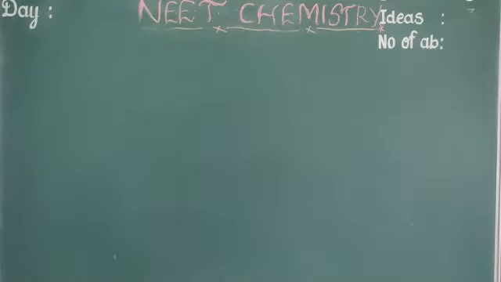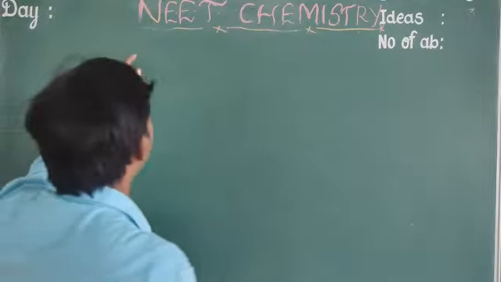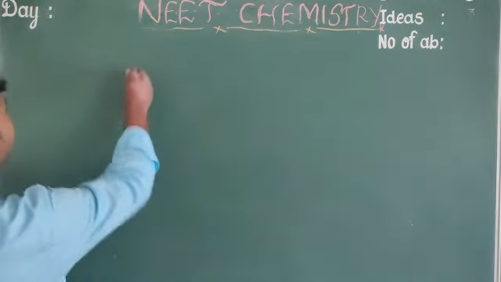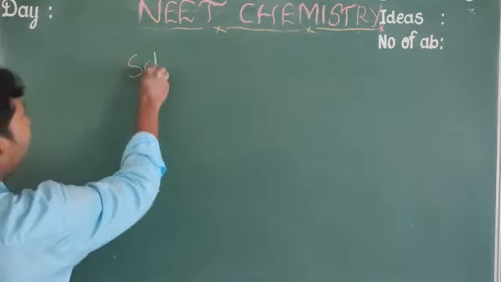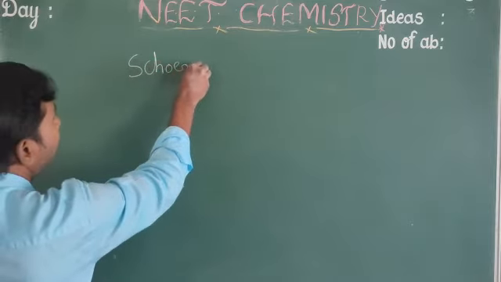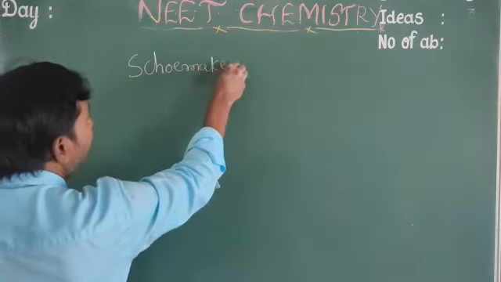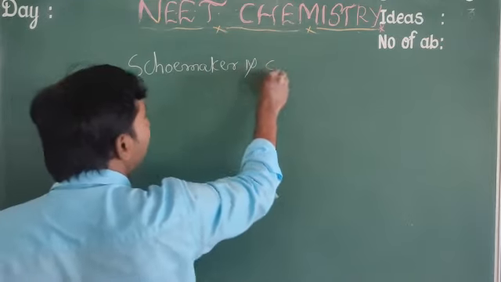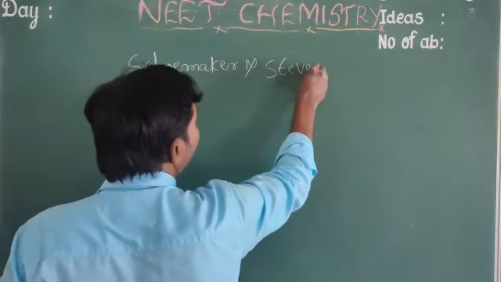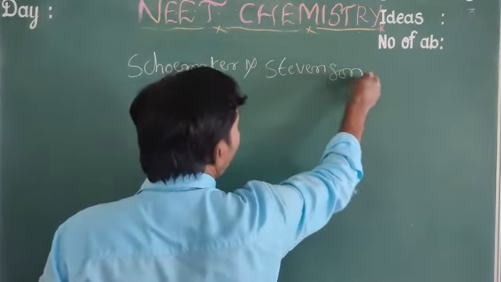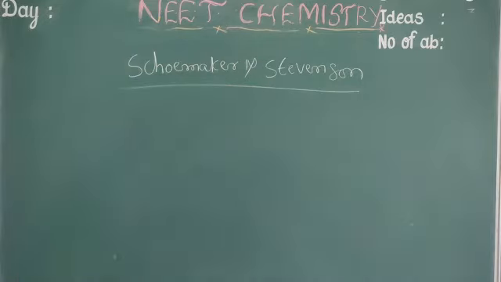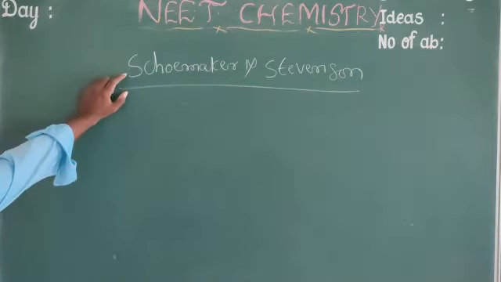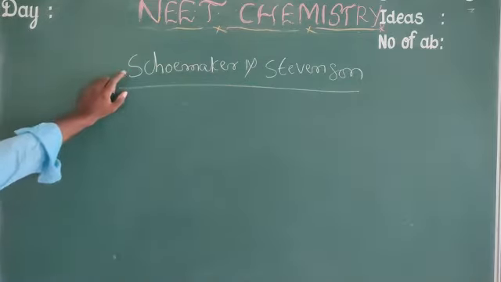Here, electronegativity can be found by one scale, that is the Schomaker and Stevenson scale. Schomaker and Stevenson scale.